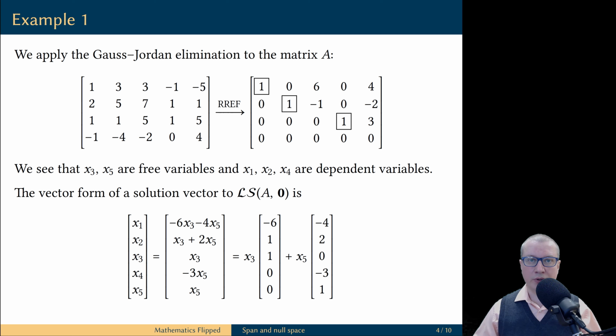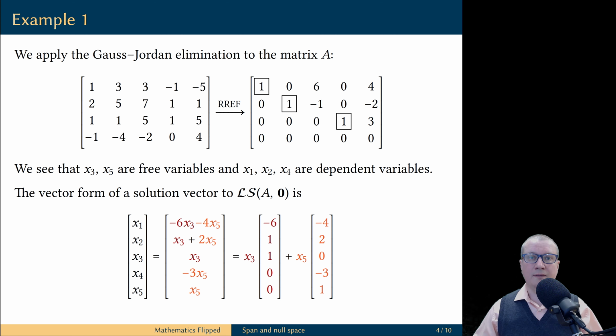Here's what I'm going to do. I'm going to represent this solution vector as a sum of two column vectors, and you see the pattern. In the first vector, I gathered everything that involves x3, and in the second vector, I gathered everything that involves the free variable x5.